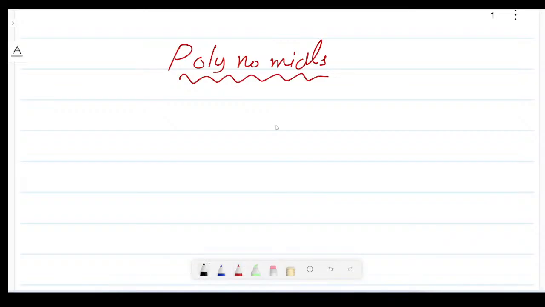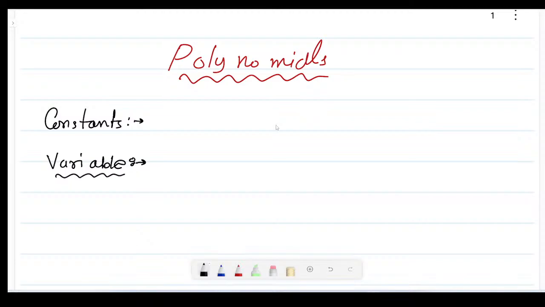Before entering this topic, we have to discuss some important things like what is a constant and what is a variable. Constants means a fixed value.